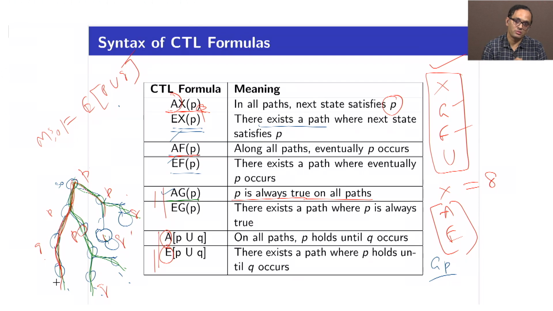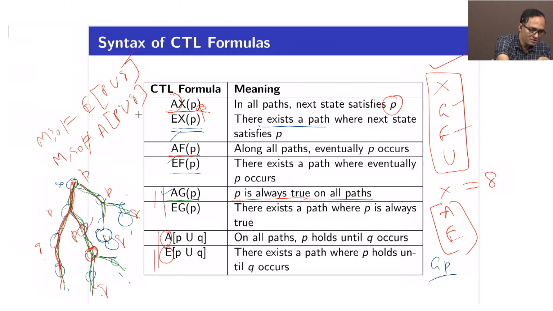It is actually no, right, because I found this path in which in this state P does not hold. So, in this case P holds here, P holds here, P holds here, but P does not hold here, and then Q holds. So, P until Q is not true in this case, right. So, then if I have this example, I will say S0 does not satisfy A P until Q, right.